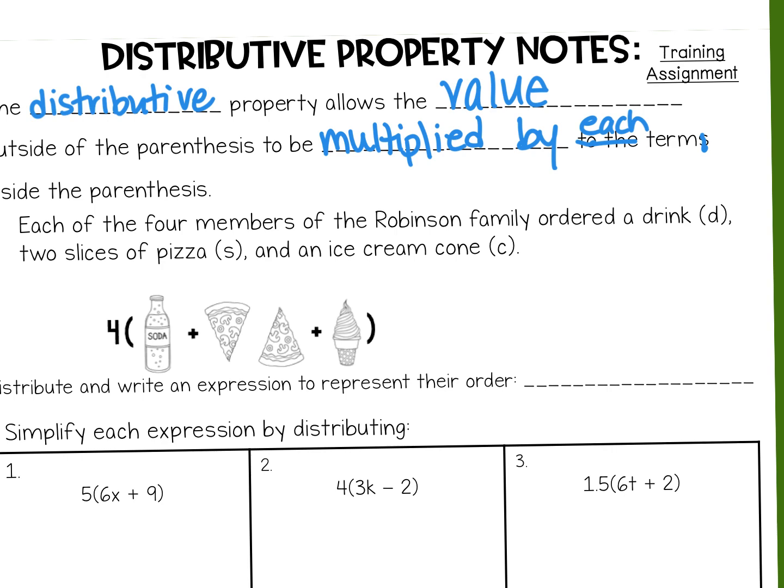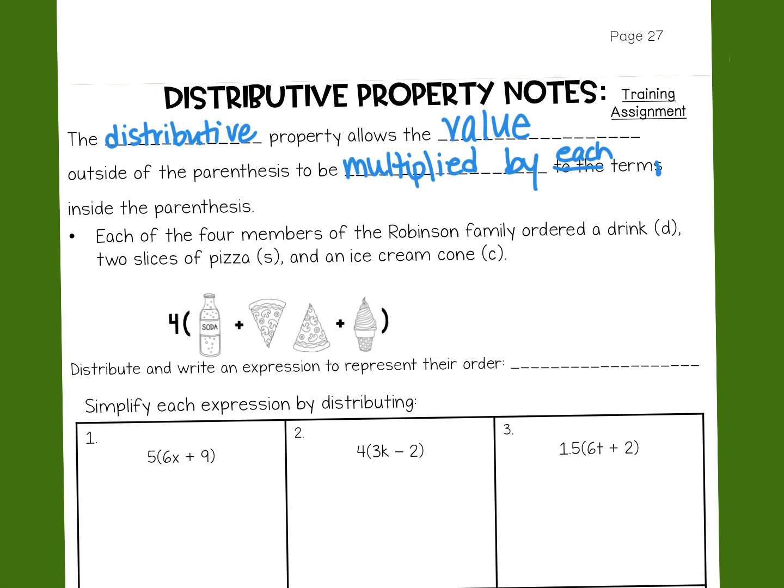All right, so let's look at this example here. Each of the 4 members of the Robinson family ordered a drink, 2 slices of pizza, and an ice cream cone. So here's our drink, here's our 2 slices of pizza, and here is our ice cream cone. So there's 4 members.